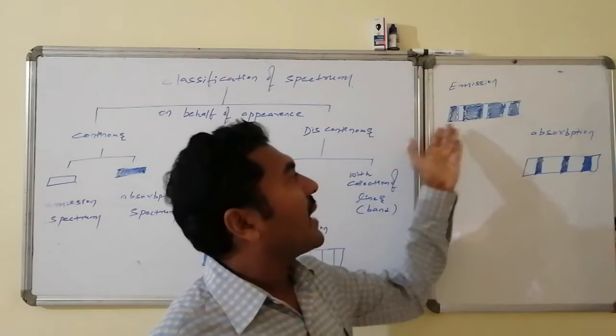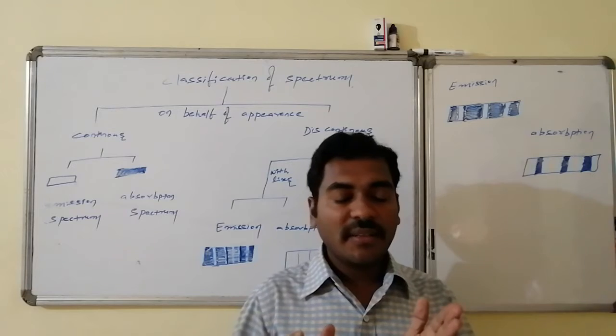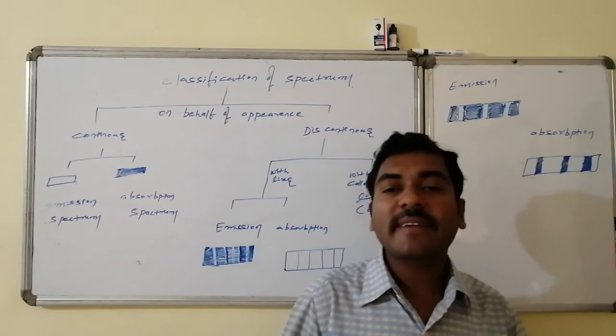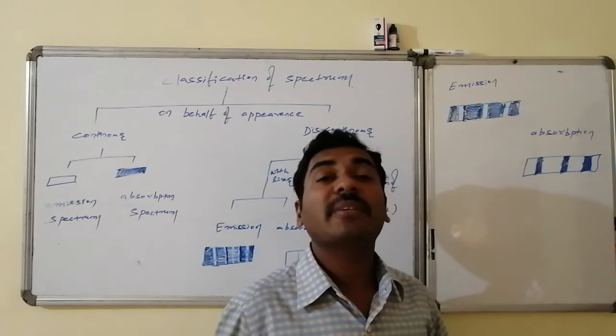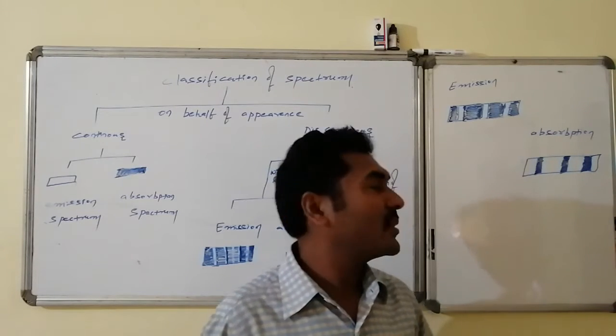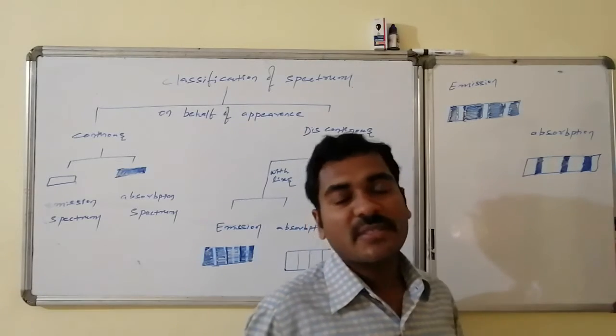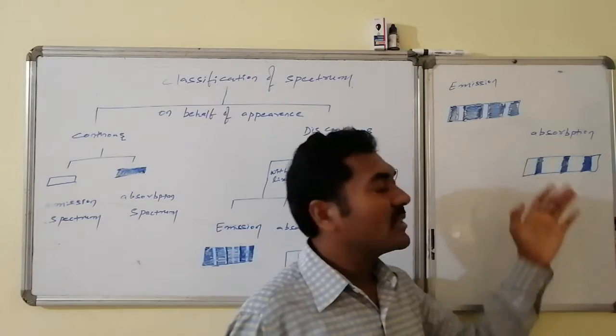That is, the background is dark, whereas on the dark background bands of bright color appear here or there. Such a spectrum is an example for the emission type of band spectrum, and this is due to what? Molecules. And whereas in the absorption spectrum, the background is the reverse of the emission spectrum. The background is bright.